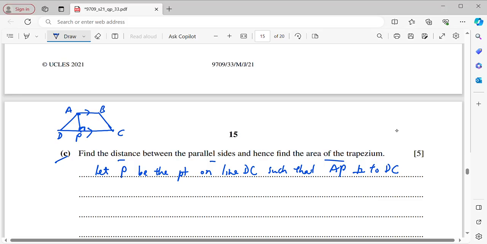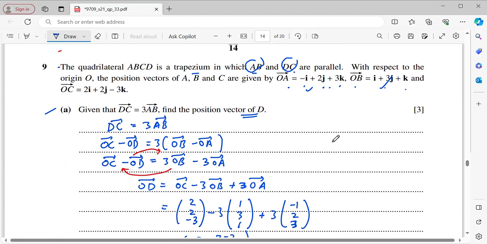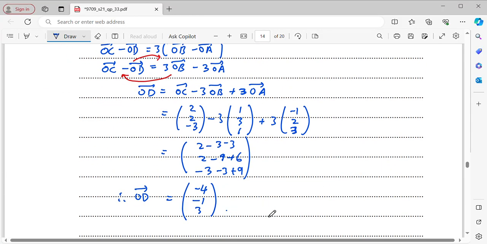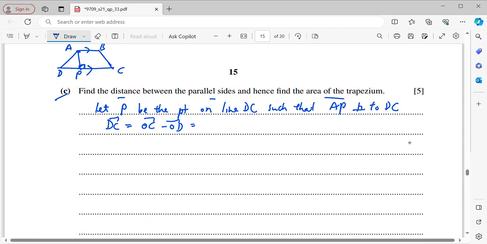Okay, so I will write DC equals to OC minus OD first. So my OC is given in the question, 2, 2 minus 3. And my OD already found just now. So you just minus and get the direction vector. It is 2, 2 minus 3 minus 4 minus 1, 3.